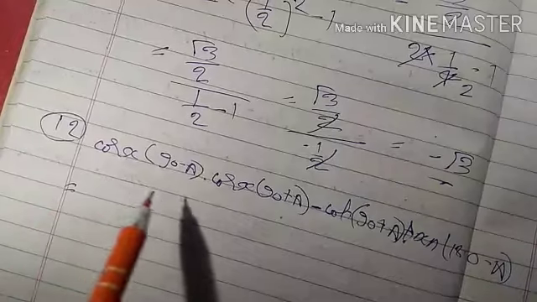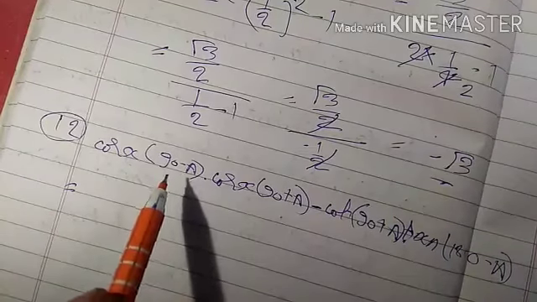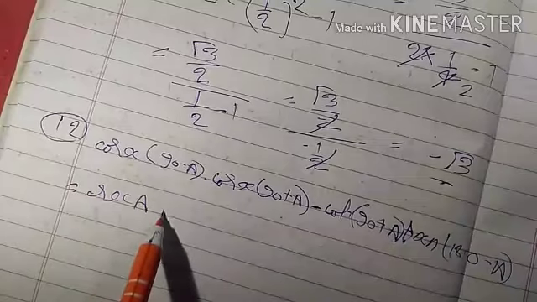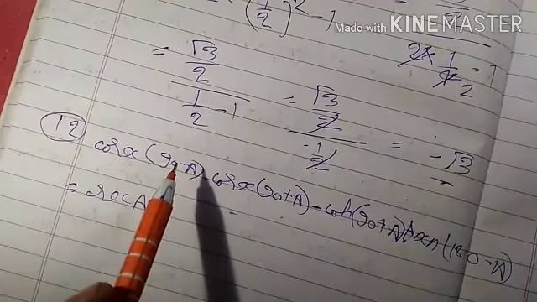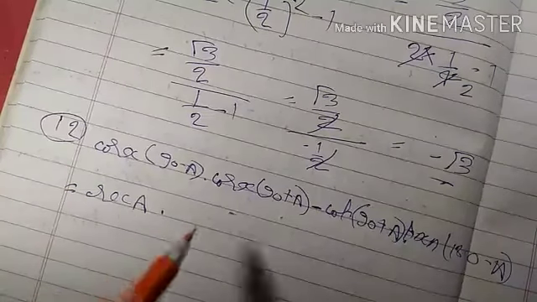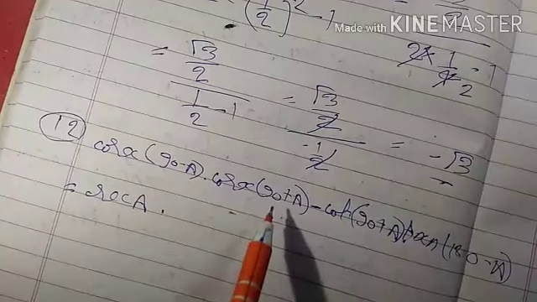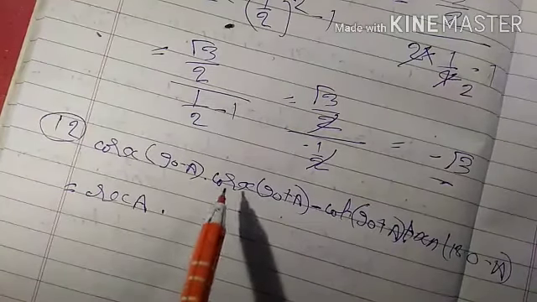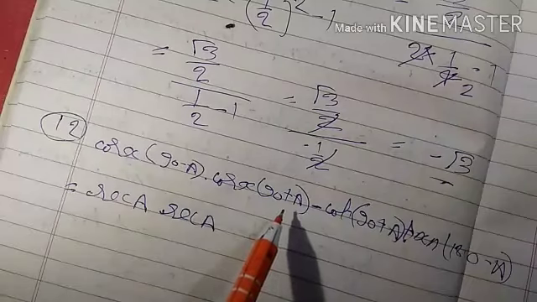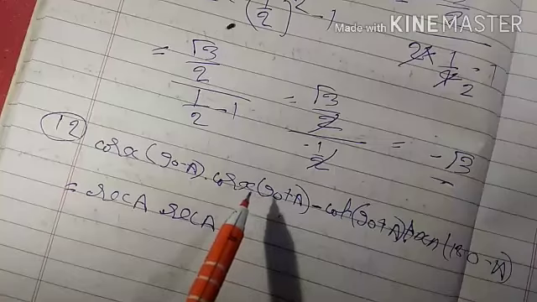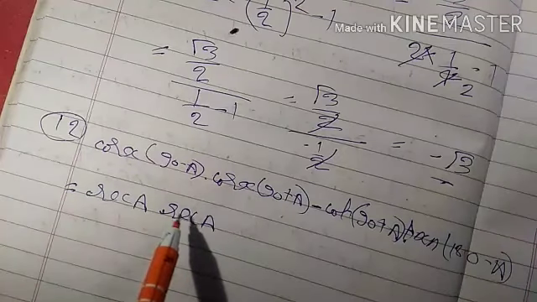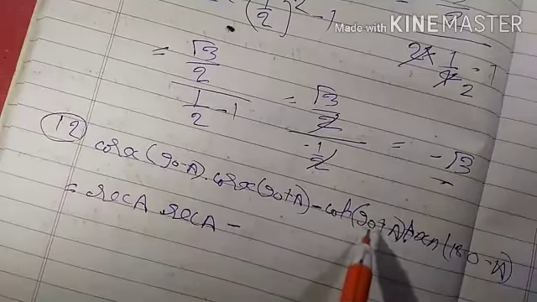So we directly write cosec(90 minus a): the function is changed, so cosec changes into sec, so we can write sec a, and 90 minus a, the angle is in the first quadrant, so all functions are positive, so we can write plus sec a into cosec(90 plus a). In 90 plus a, the function is changed, so cosec changes into sec, so we can write sec a, and 90 plus a is in the second quadrant, so only sin theta and cosec are positive, so cosec is positive, so we can write plus sec a minus cot(90 plus a).